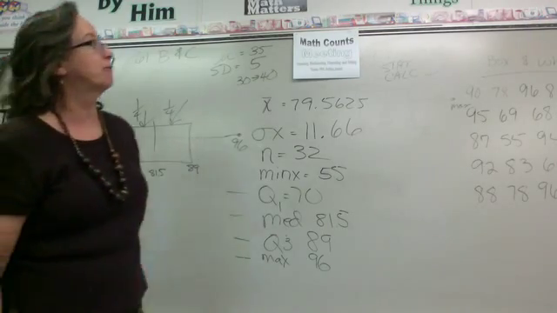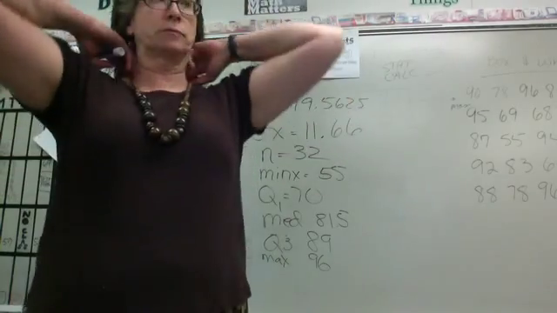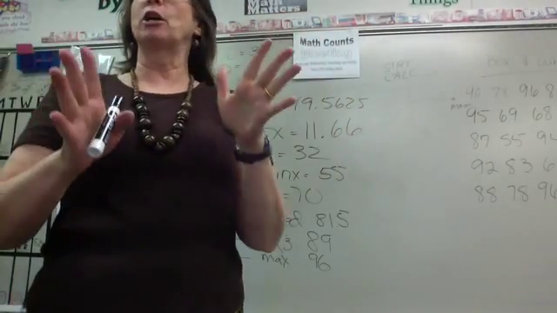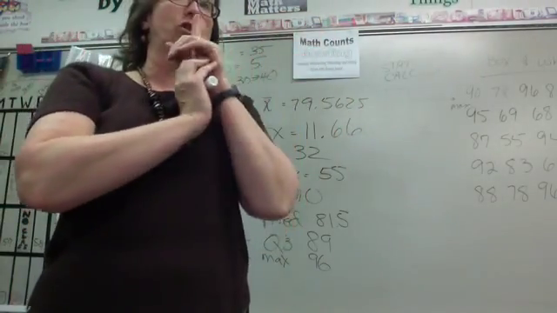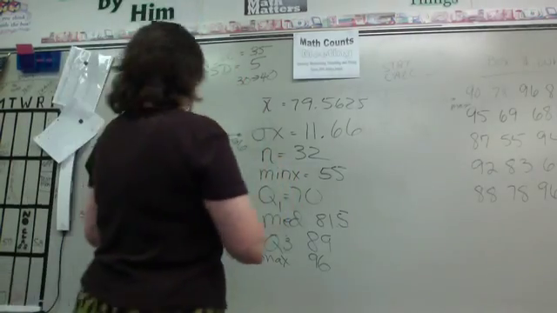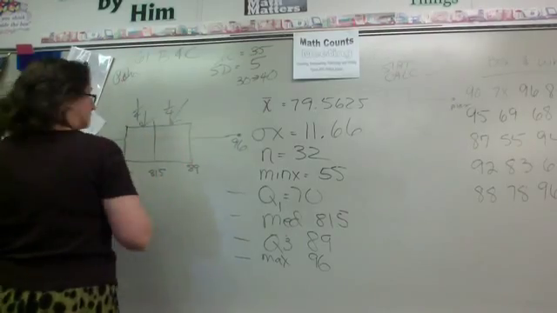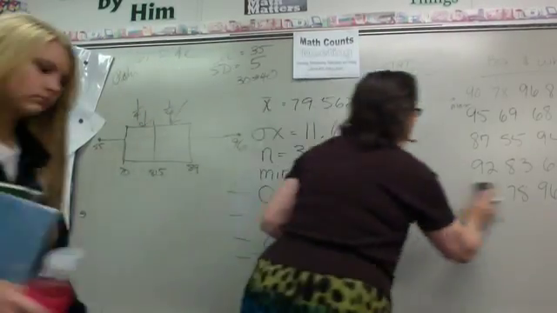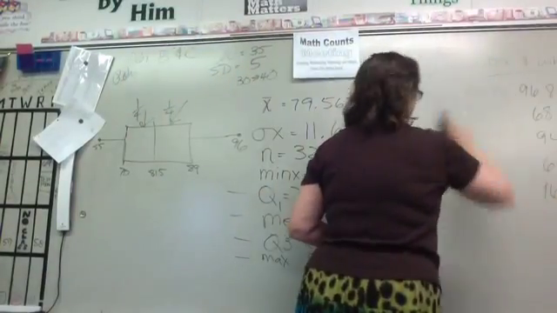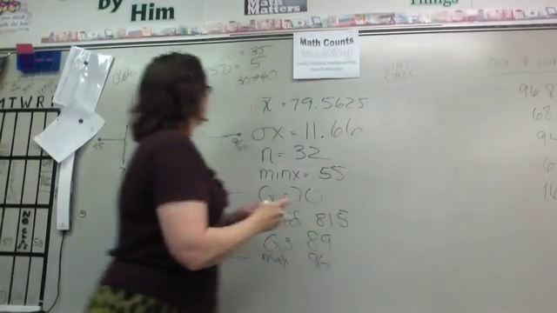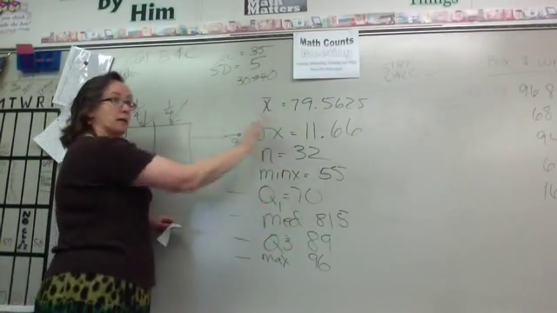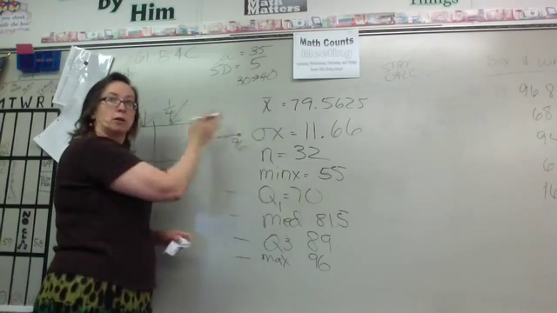Now real quick, before we ring the bell, because it's a short day, remember what an outlier is. An outlier is a point that lies beyond a reasonable length.